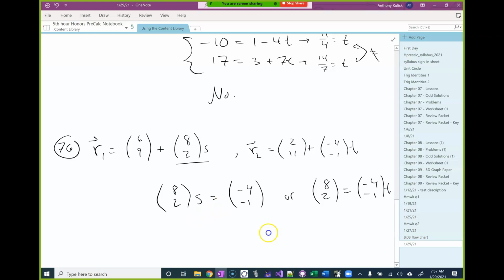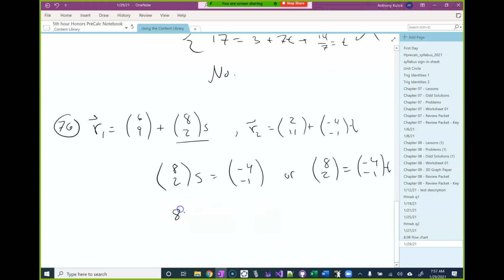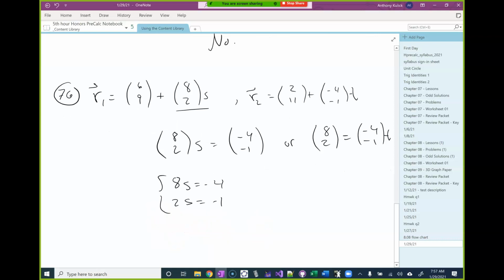I'm going to just do this one here. So when I do that, s is -1/2, and I do this one, s is -1/2. So yes, they are parallel.